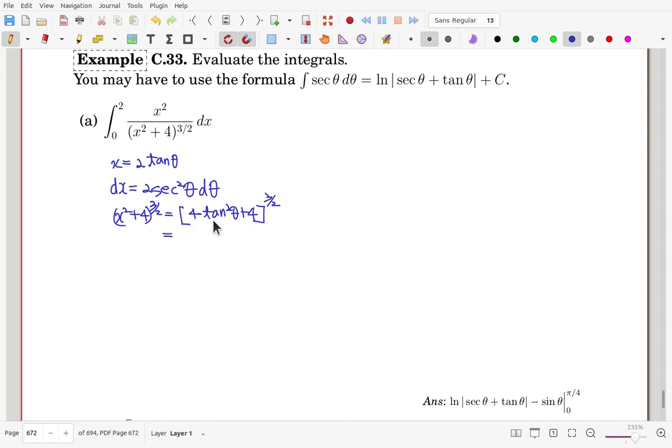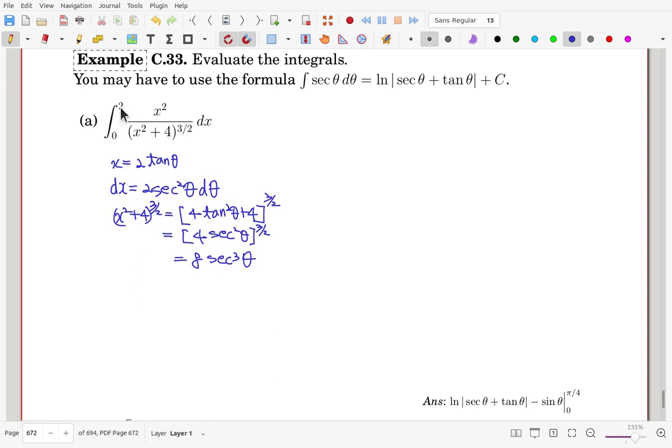Okay, now 4 is there, and then tangent squared plus 1 is the same as sec squared. Okay, and 3 over 2. So that is the same as 8 for the constant, and now there is sec cubed theta.